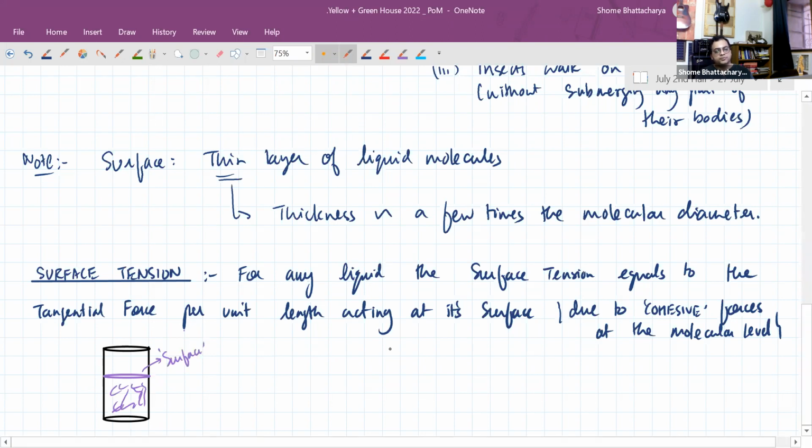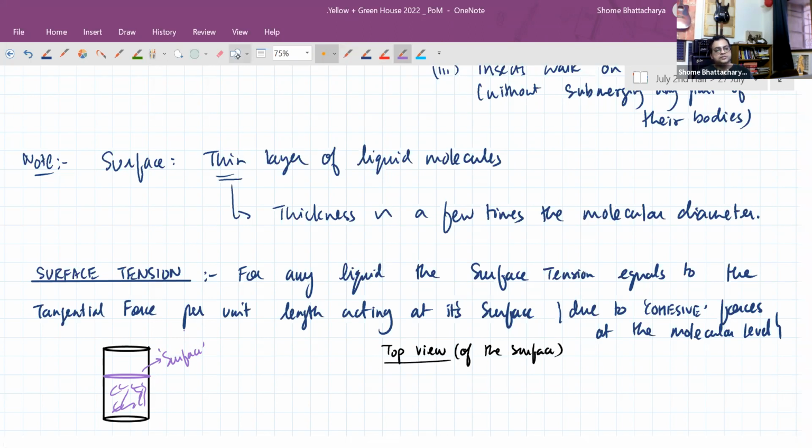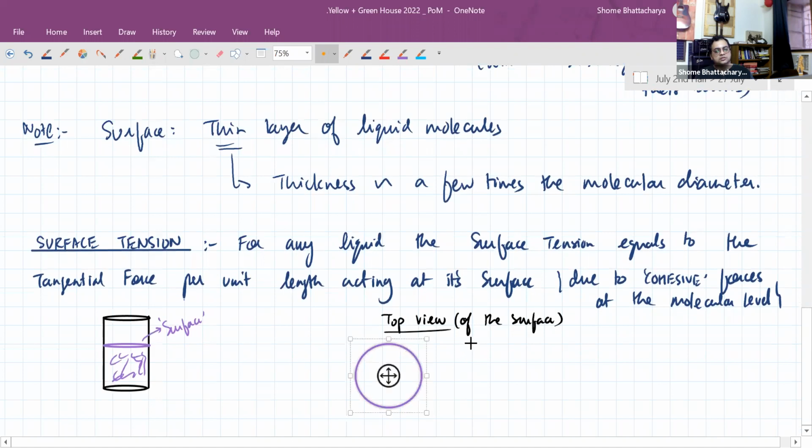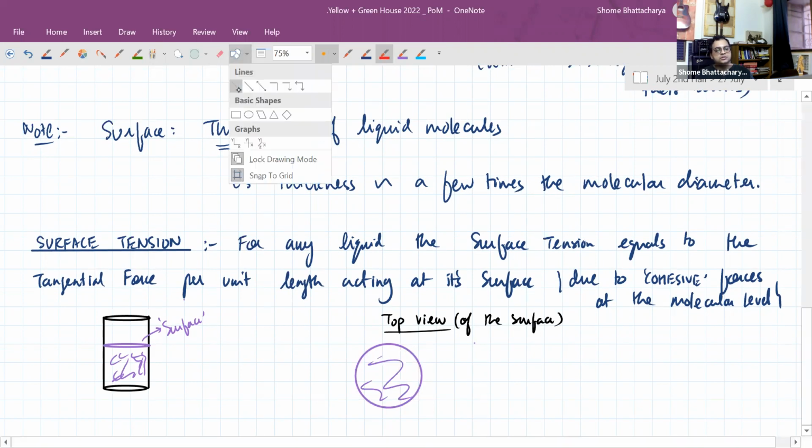If we now take the top view of the surface, we can visualize that along the surface, if we draw an imaginary line of molecules, it's experiencing tangential force from either side.